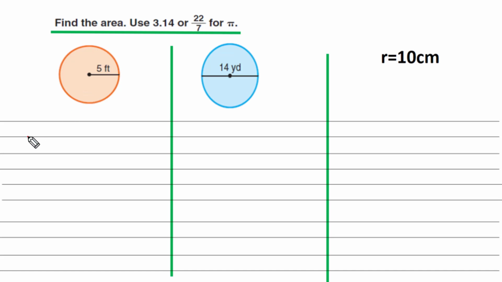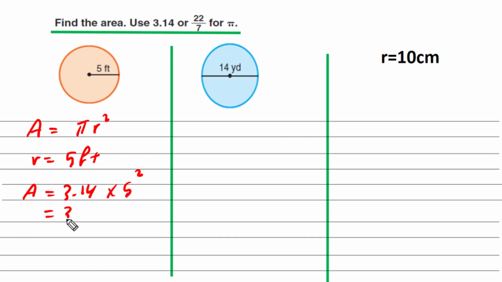How can we find its area? We studied before the area of the circle is equal to pi r squared. R equals what, mister? R equals 5 feet. Now to find the area, just substitute 5 for r. We get 3.14, the value of pi, times 5 squared.